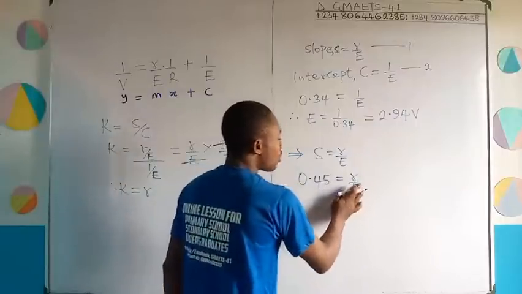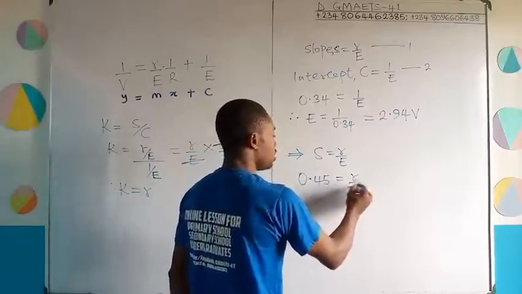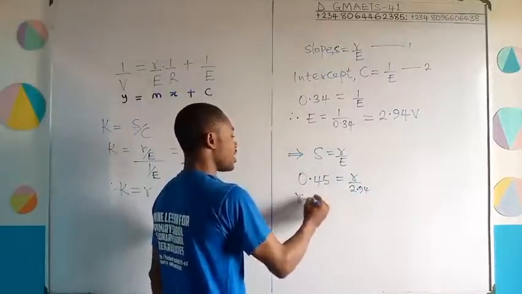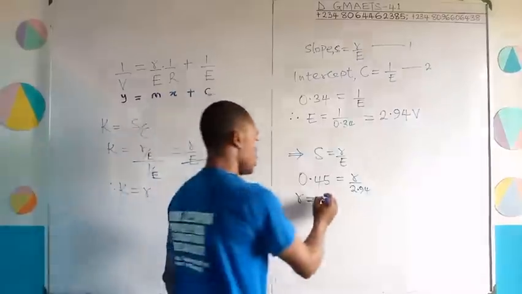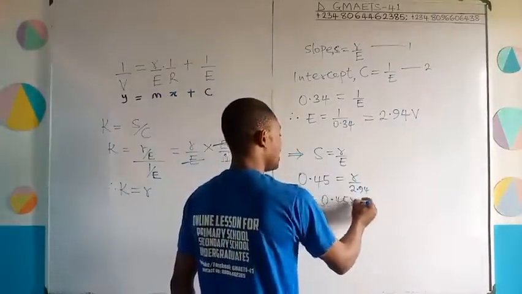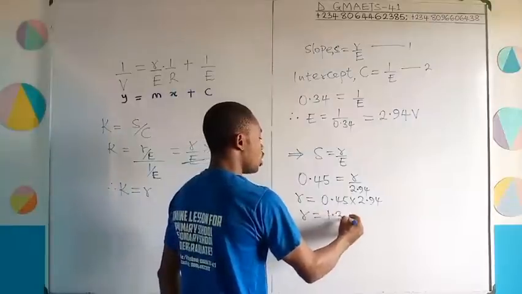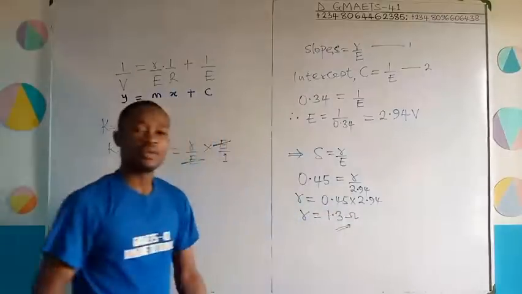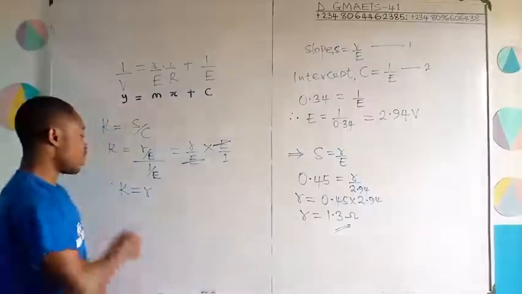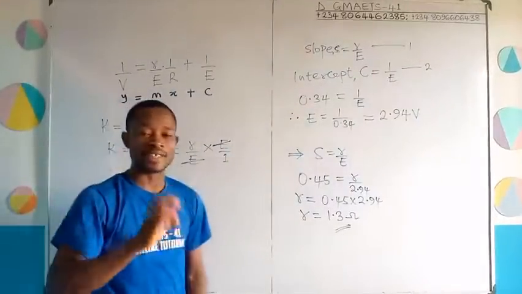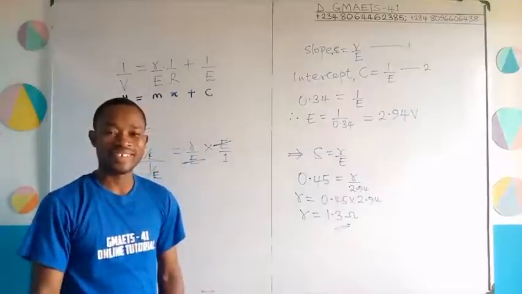E. Our R we don't know, but E we have obtained to be 2.94. If you cross multiply, the internal resistance is going to be 0.45 times 2.94. The internal resistance will give us 1.3 ohms approximately, which agrees with the value of K that we obtained, because remember we got K to be slope over intercept, which gave us 1.3 ohms.